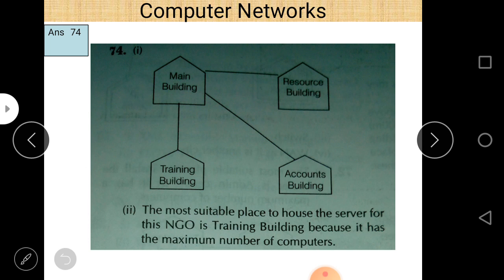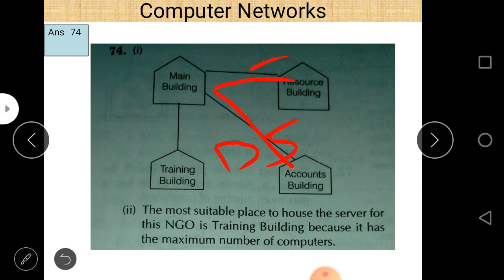So if we want to connect these two buildings, let us check the distance between these two. We have already connected this, and we have already connected this. The main building to account building distance is 135 here.